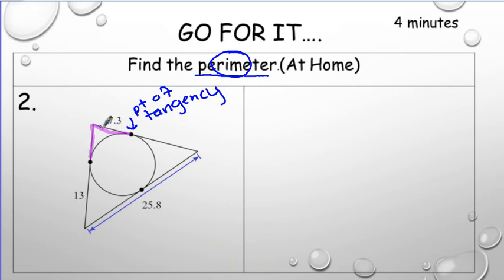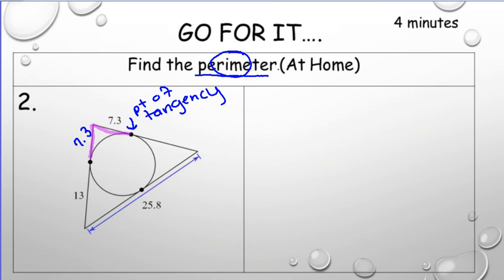So I have this piece going this way and this piece going this way. The rule says that if I have two tangents coming out of a point outside a circle, then the two sides, when they intersect, are the same length. So 7.3 here, and this is 7.3 here.